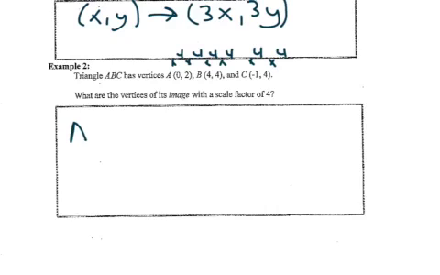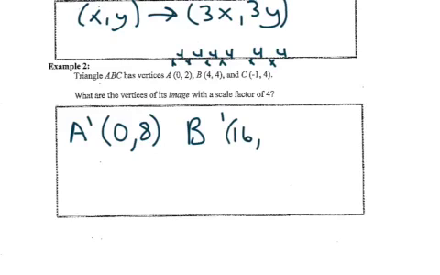So if I wanted to redo A prime, 0 times 4 is 0. 2 times 4 would give you 8. B prime, if I do 4 times 4, I'd get 16, and for my y value, 4 times 4 is also 16. C prime, negative 1 times 4 is negative 4, and 4 times 4 is 16.